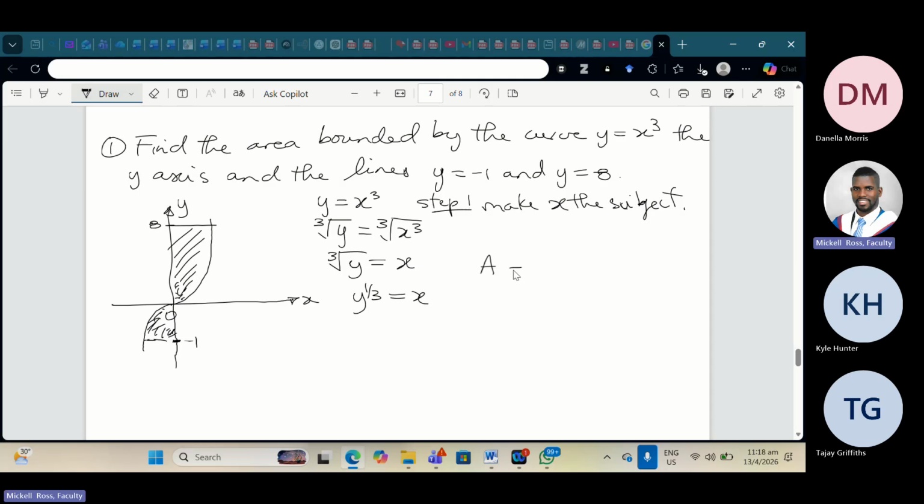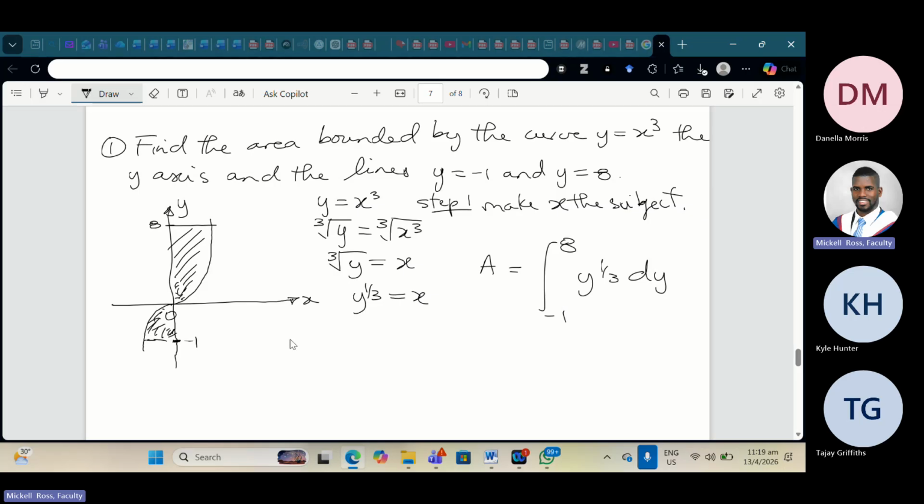So the area is going to be equal to the integral from -1 up to 8 of y to the 1/3 dy. But since it goes down into the negative, you have to do the calculation in two parts to get the answer.